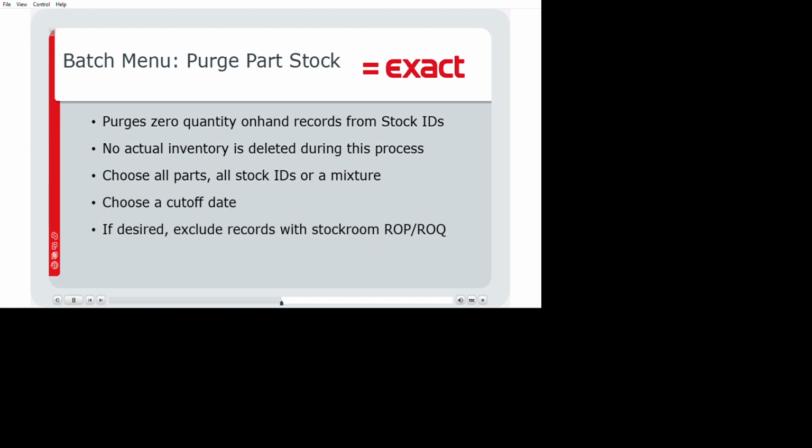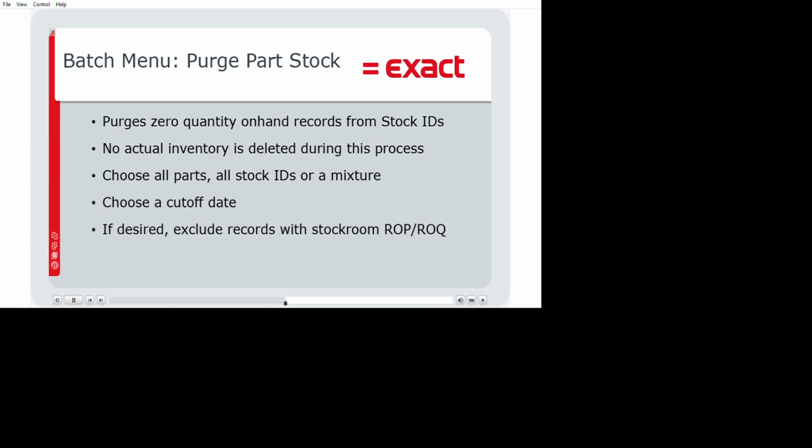The cutoff date is the primary selection criteria for the purge. Your cutoff date can be changed by entering the number of calendar days you want Max to go back. The date field used in this purge is the stock date from the part stock file.